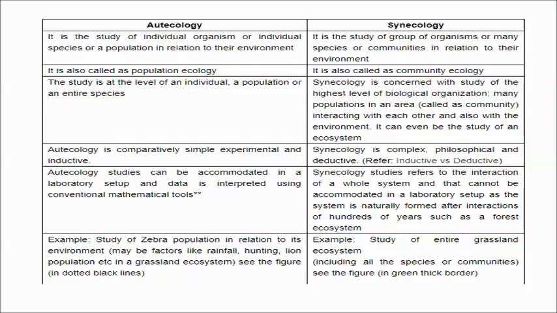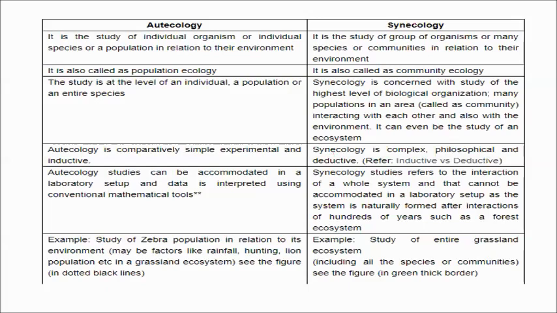Okay, so this study is at the level of an individual, a population, or the entire species for autoecology, while synecology is concerned with the study of the highest level of biological organization, many populations in an area interacting with each other, and also with the environment. It can even be the study of an ecosystem.